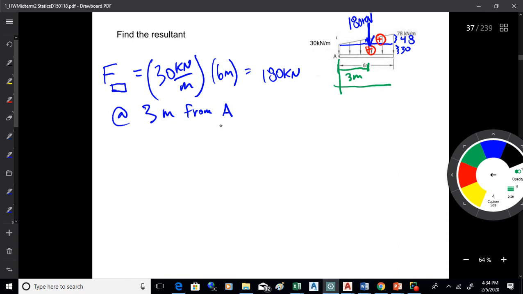Now, we've also got a right triangle, and that is not 3 meters to its centroid, because for a triangle it's a third of the distance from the right angle, 2/3 of the distance from the vertex. We're going to measure this about A. So now find the force for the triangle, which is just the area of the triangle there, and that should come out in kilonewtons, thousands of newtons, and that's 144 kilonewtons.